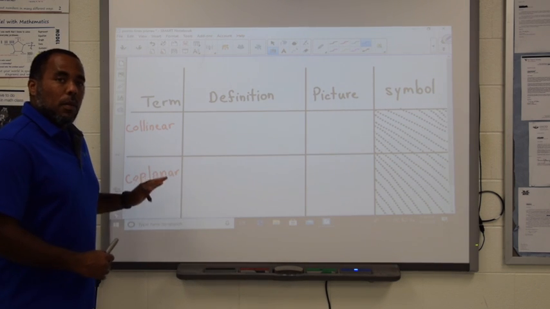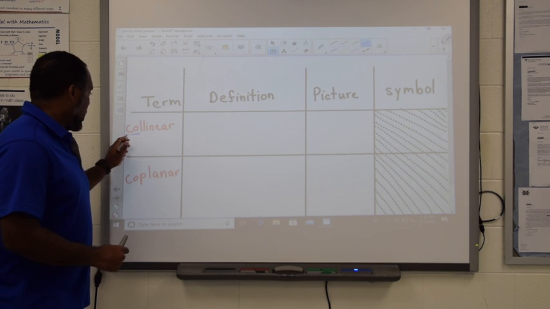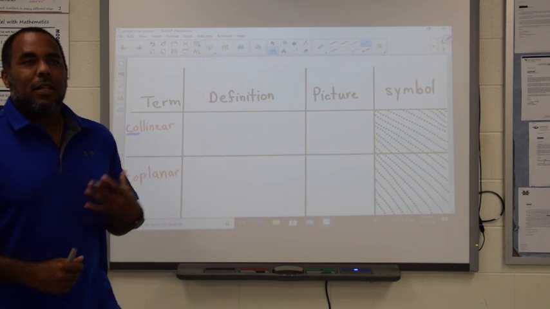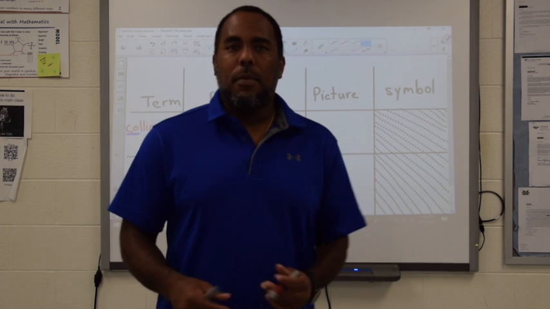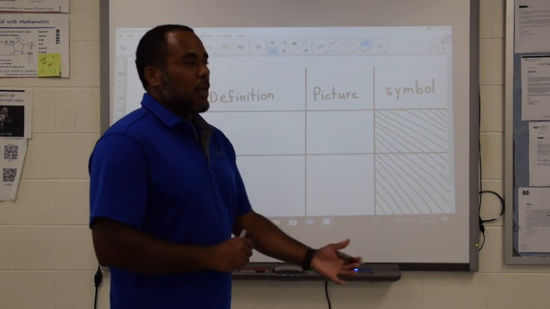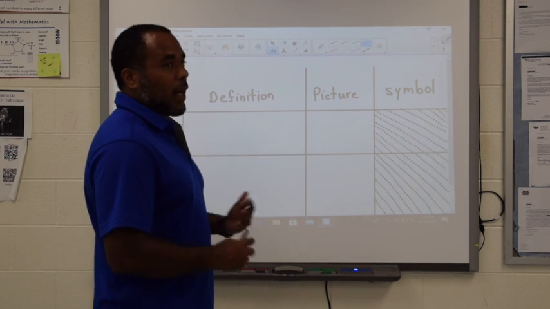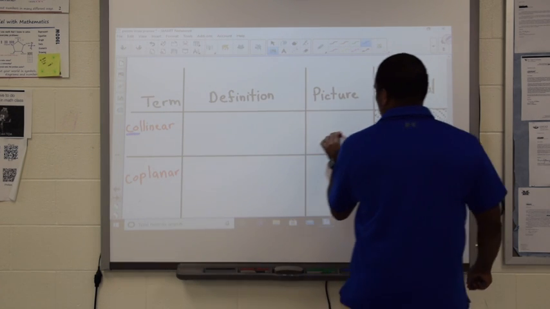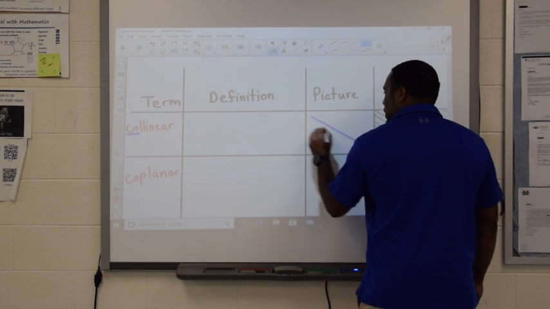Collinear and coplanar. Here you're looking at this piece as being your main piece. What does it mean to be co? Maybe you're in a video game, you're co-op, or maybe co-captains. But collinear. So we already know what a line is. So here's my picture of a line.